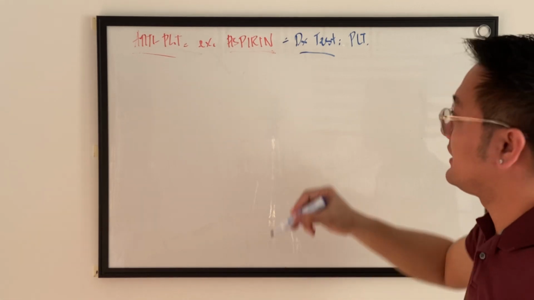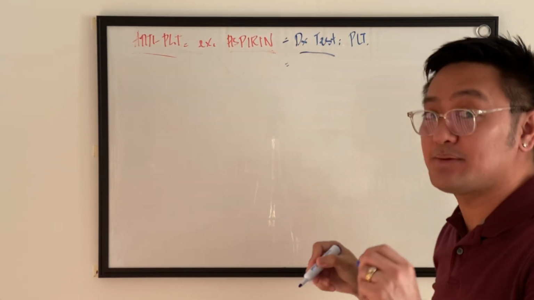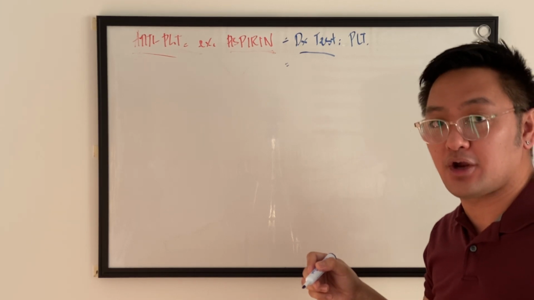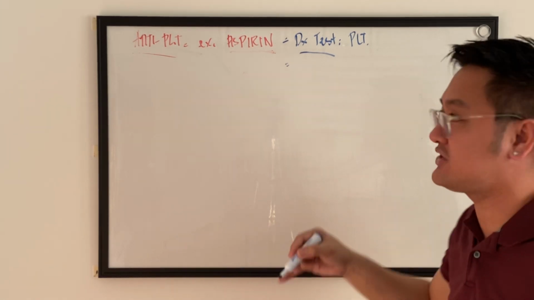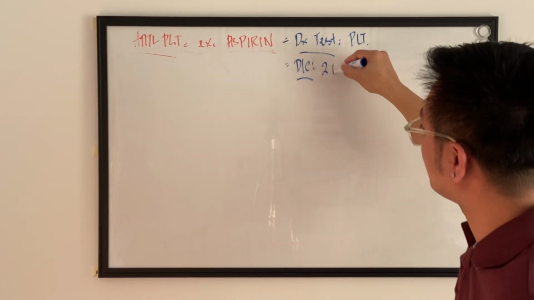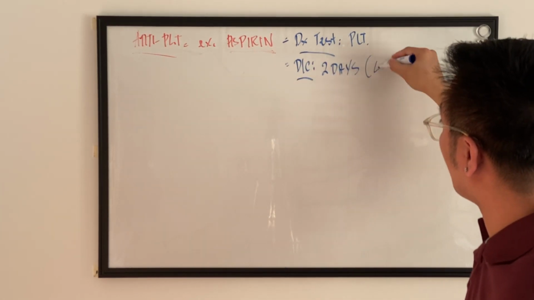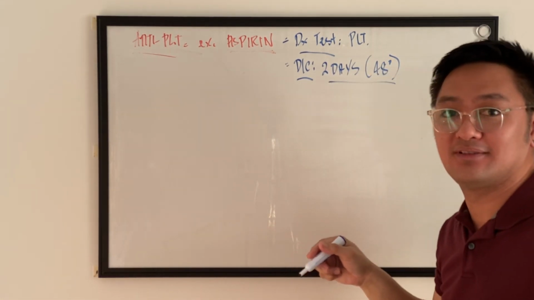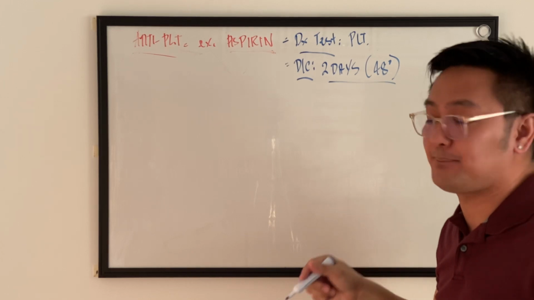Am I right? Since aspirin causes bleeding, okay, when will you discontinue aspirin prior to surgery or prior to an invasive procedure? You have to discontinue aspirin at least 2 days, or that's 48 hours, prior to the procedure. Okay, do not forget this in your exam.